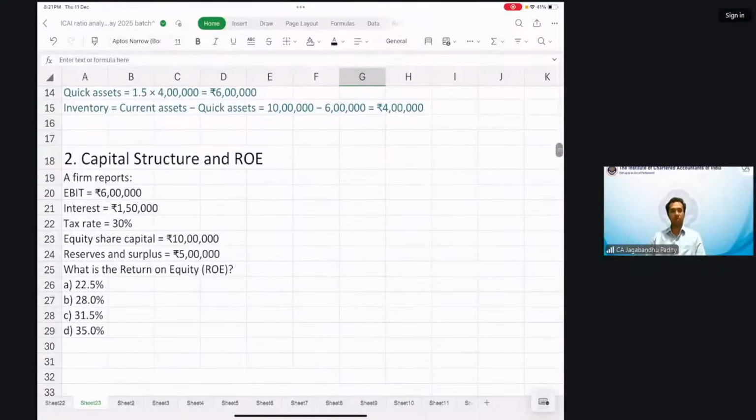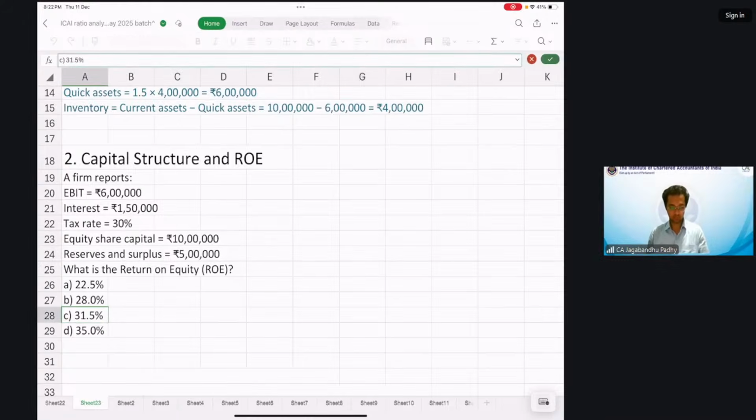Then what about the second question? 21%.